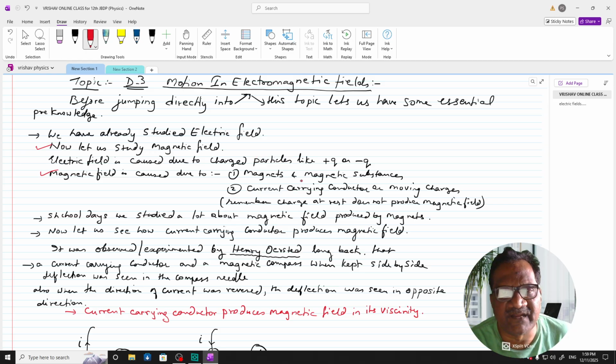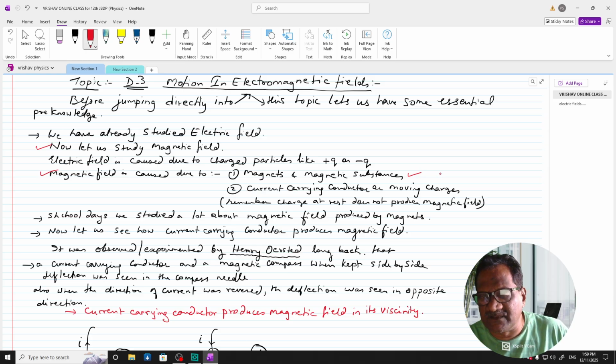Number one, magnets and magnetic substances. We studied in our school days the bar magnets and the horseshoe magnet; all these are nothing but magnets. These physical magnets produce a magnetic field, and that is why a bar magnet will attract iron nails towards it.